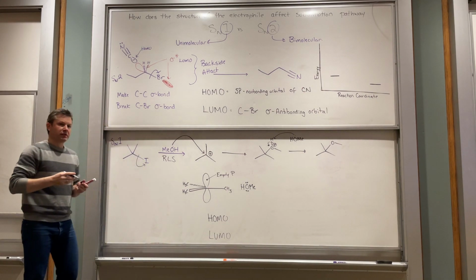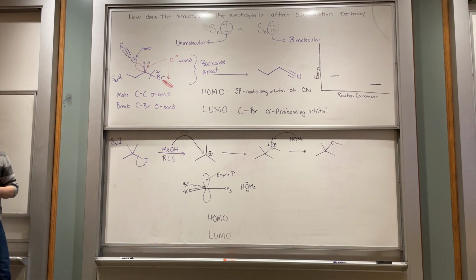Right, so this is where we want to talk about the HOMO and the LUMO of this step, the bond formation. So what is the HOMO going to be? What's the highest occupied molecular orbital? What orbital are the electrons coming from? The opposite of that, the origin. So what orbital?